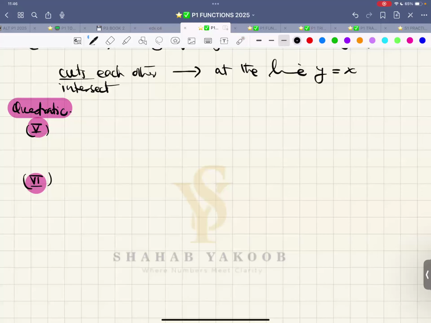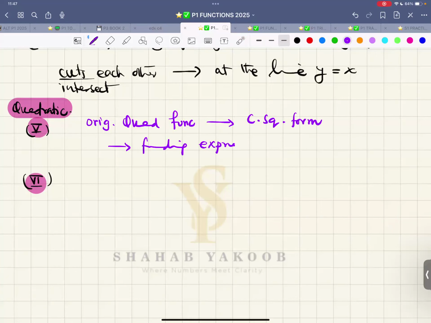When we talk about quadratics, it is necessary that the original quadratic function should be in the completed square form. Otherwise, we cannot make x the subject, because we are interested in finding the expression for f inverse x.